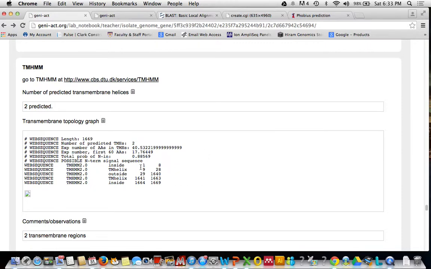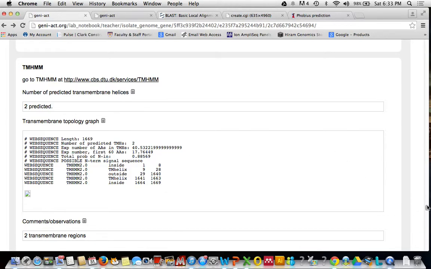Amino acids 1 through 8 are inside the cell. Amino acids 9 through 28 are part of the transmembrane helix. Amino acids 29 through 1640 are in the extracellular region. Amino acids 1641 through 1663 are in the transmembrane region, and the rest of the amino acids are in the cytoplasm.